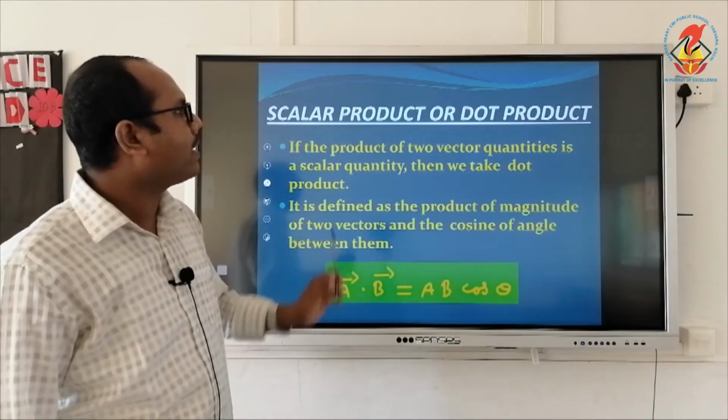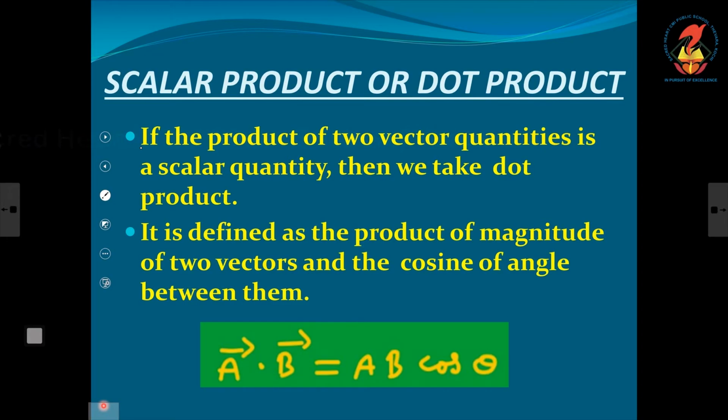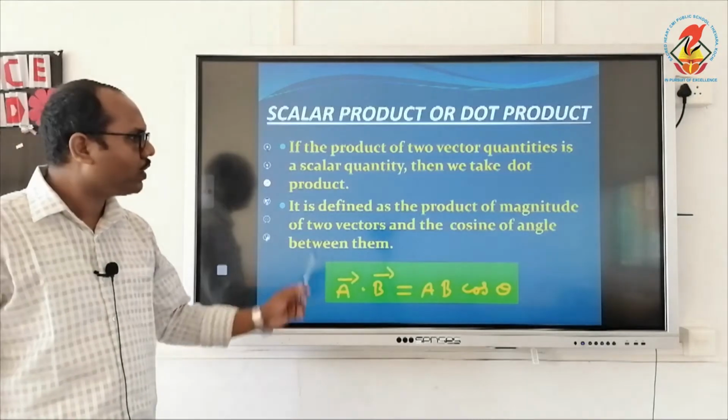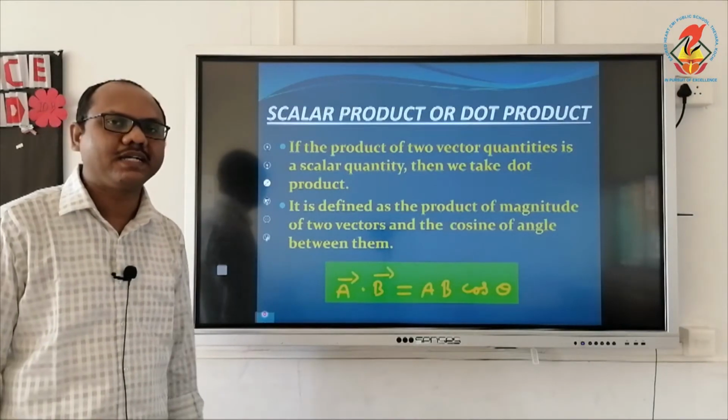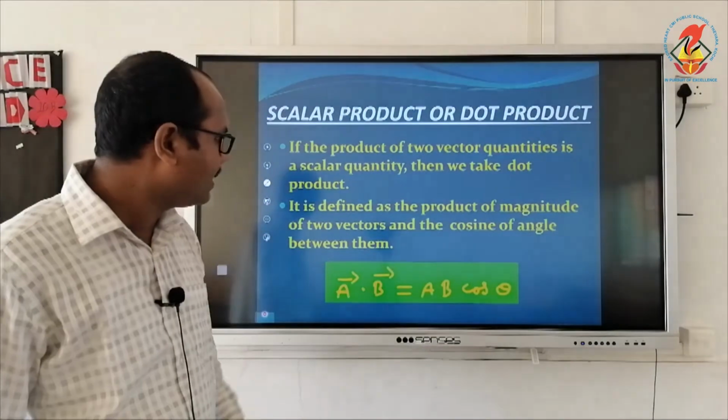How will I define dot product? Dot product is defined as the product of the magnitudes of two vectors and the cosine of the angle between them. Look at the equation.